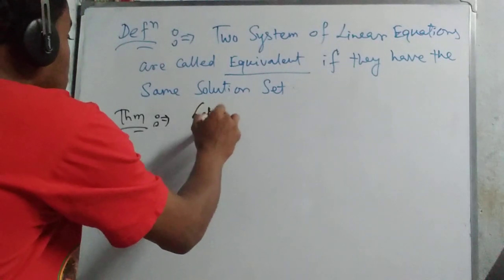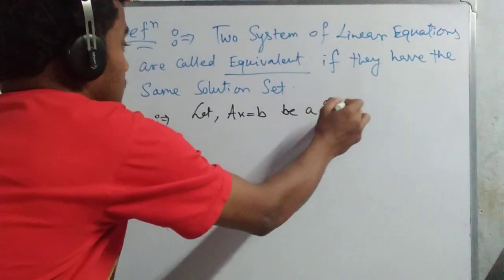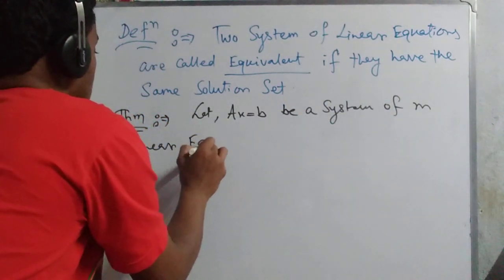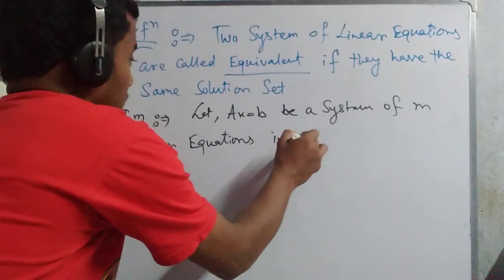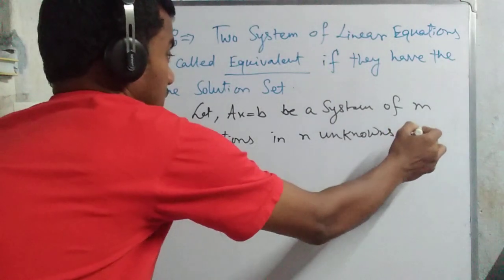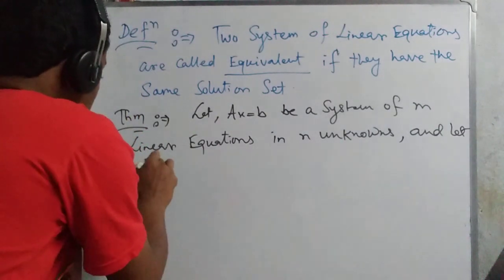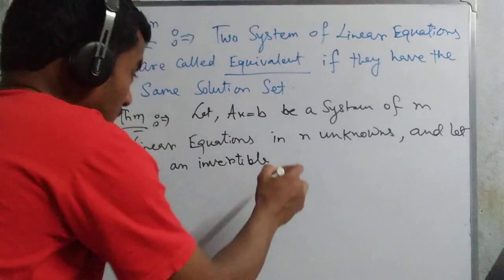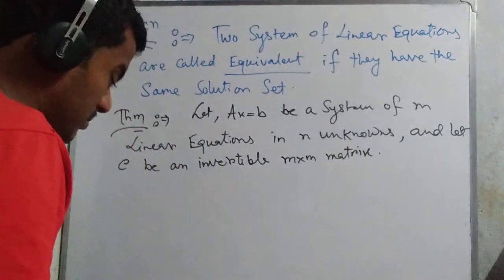Let AX equal to B be a system of M linear equations in n unknowns, and let C be an invertible M cross M matrix.